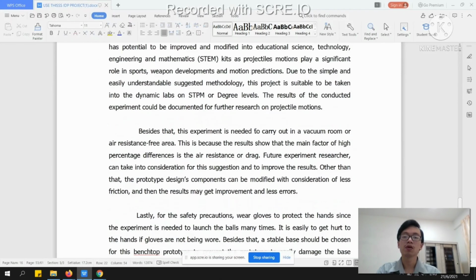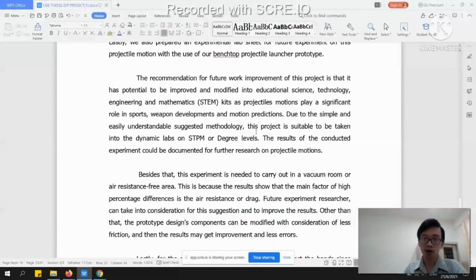The recommendation for future work improvement of this project is that it can be improved into a STEM kit, as projectile motion plays an important role in sport, weapons, and motion prediction. Due to the simple concept behind this project, it can be taken into a dynamic lab at STPM or degree level.